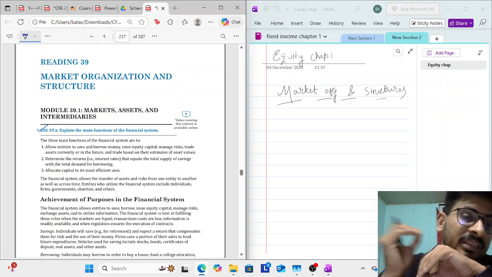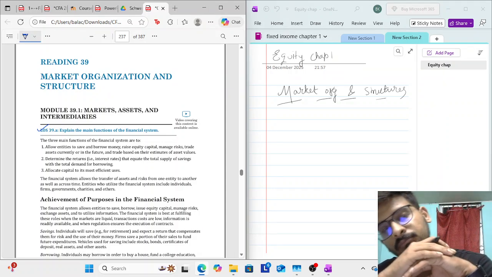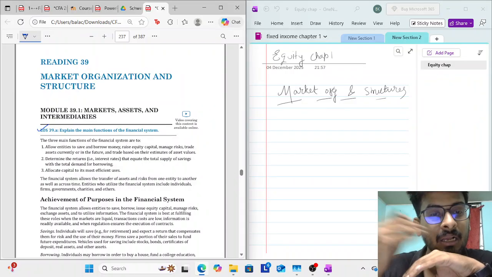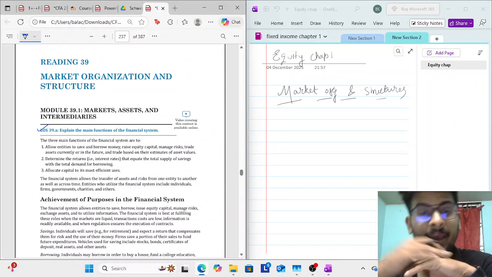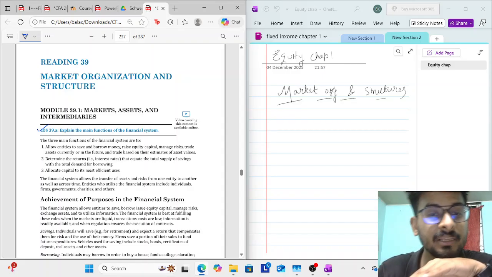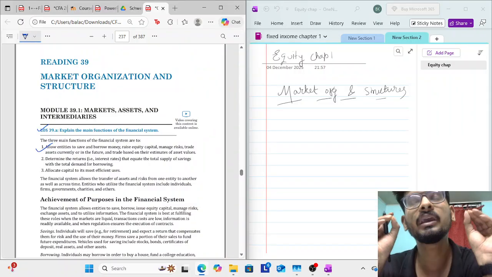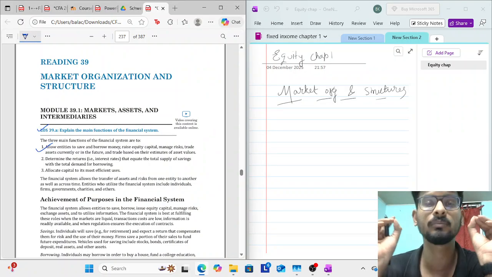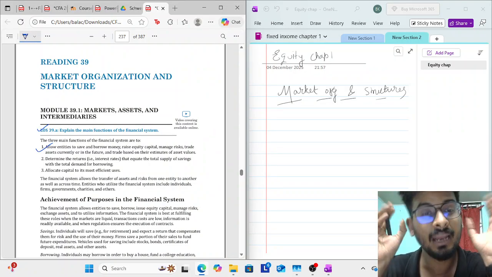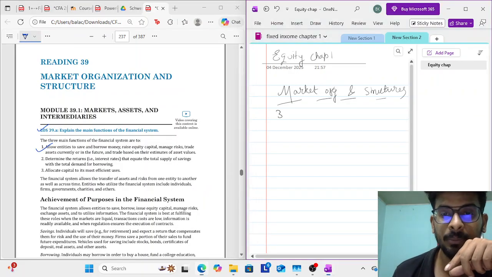The main functions of the financial system are to allow entities to save and borrow money, raise equity capital, manage risk, trade assets currently or in the future, and trade based on their estimates of asset value. The first main function of the financial system is to allow entities to save and borrow.